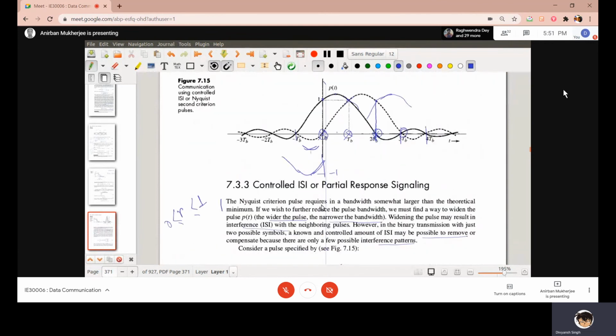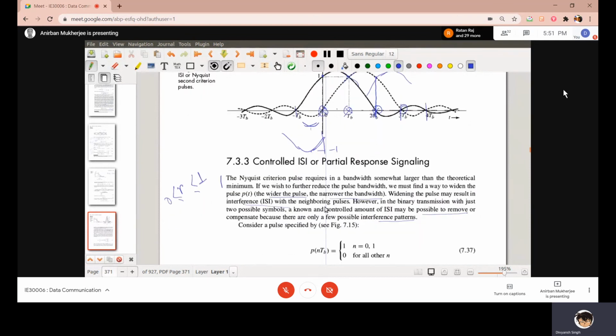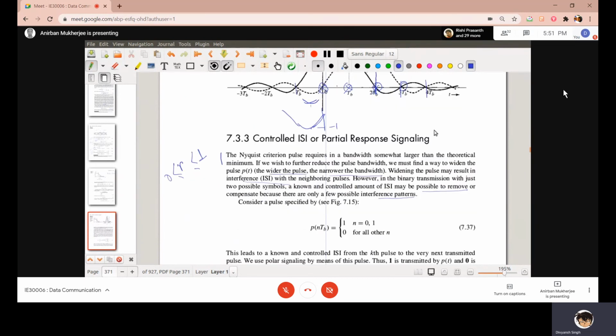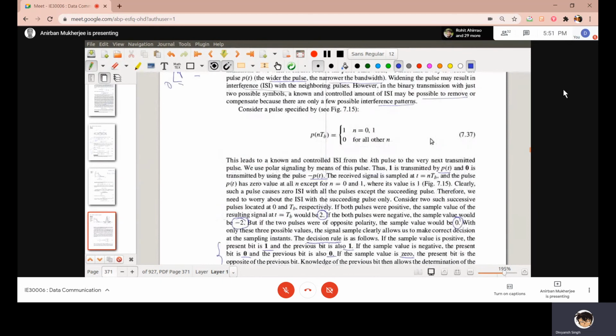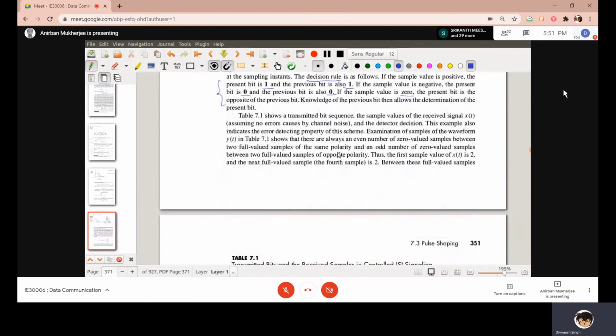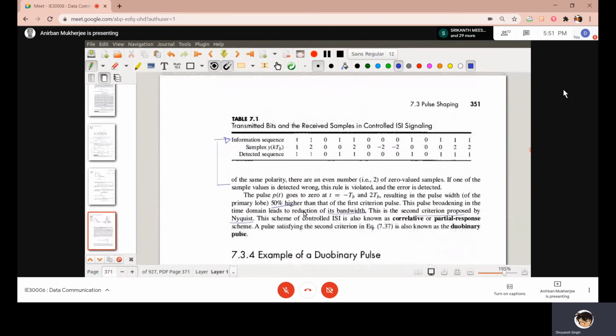Actually we are talking about the Nyquist criteria having a bandwidth somewhat larger than the theoretical minimum. So rather we want to further reduce the pulse bandwidth. In that way we want to widen the pulses in time. For this we have defined the pulse in a bit different way, and from there we have seen that if we do the polar coding, the pulse duration is 50% higher, because that leads to reduction in bandwidth.